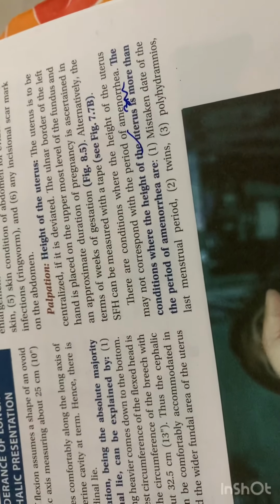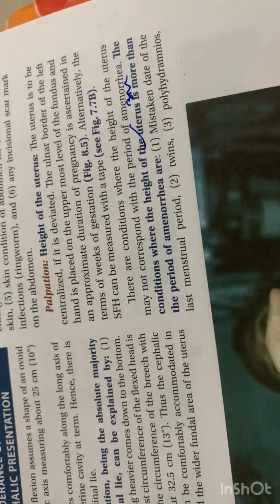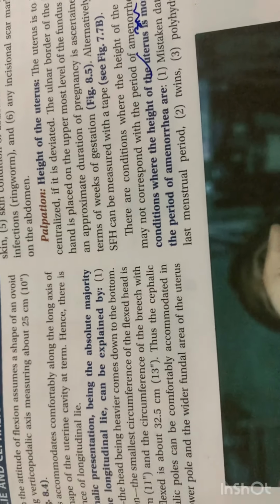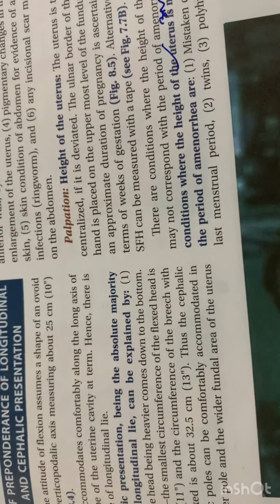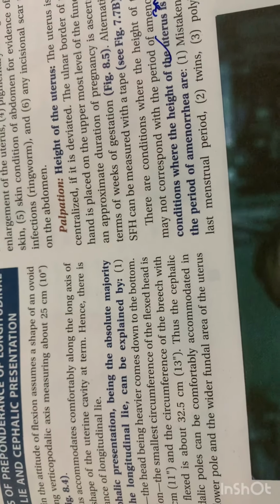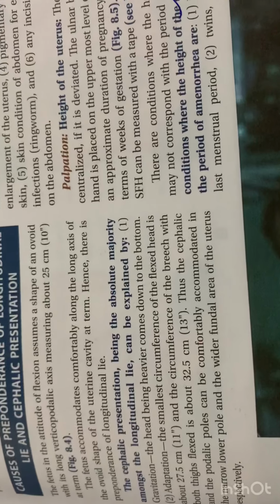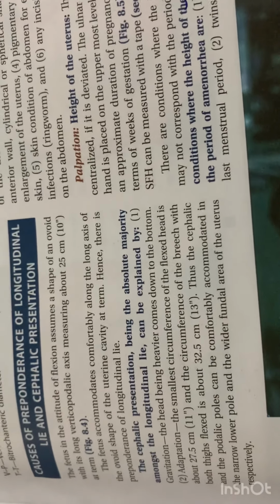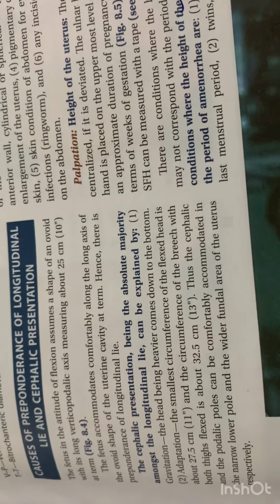Next we're going to talk about the cases wherein the height of the uterus is more than the period of amenorrhea, so the height is more than the period of gestation. One most common cause can be that the LMP was not known, like the patient has not told the LMP properly, so we've calculated the wrong EDD, and based upon that reading the growth of the uterus is more.